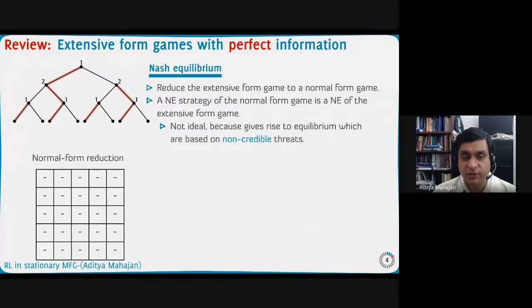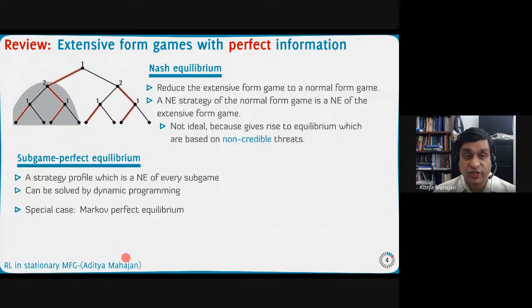To overcome this limitation, the standard solution concept for extensive form games is what is known as subgame perfect equilibrium. What we mean by a subgame is, let's consider player two at this node. The subgame would be the part of the game tree which lies below player two at this node, so everything which happens in this part of the game tree.